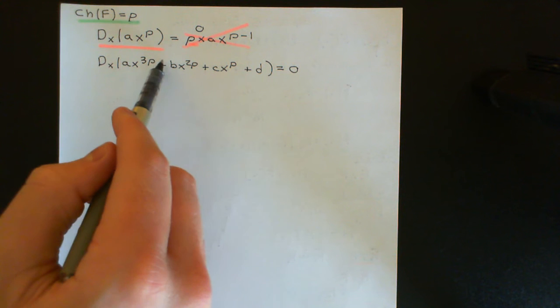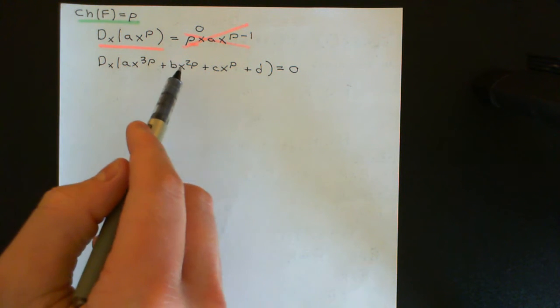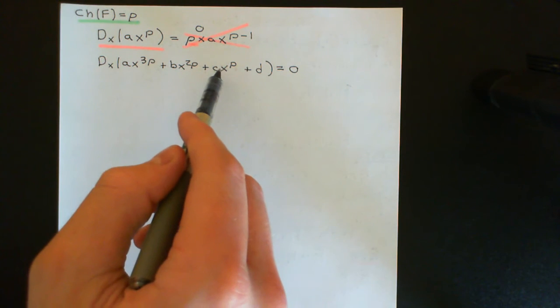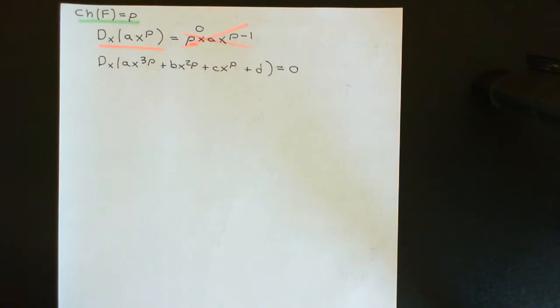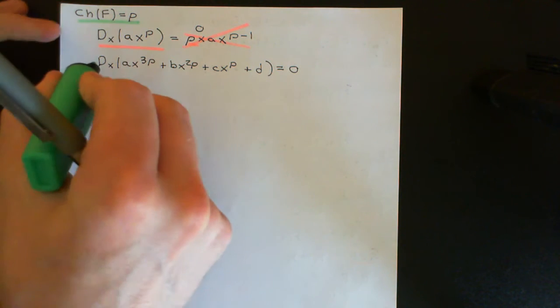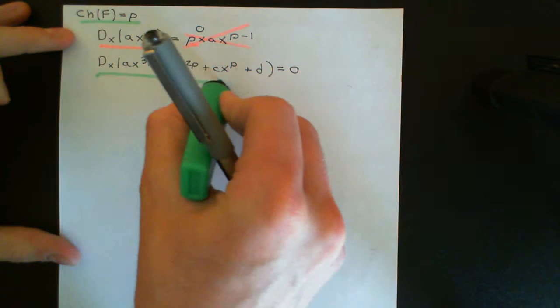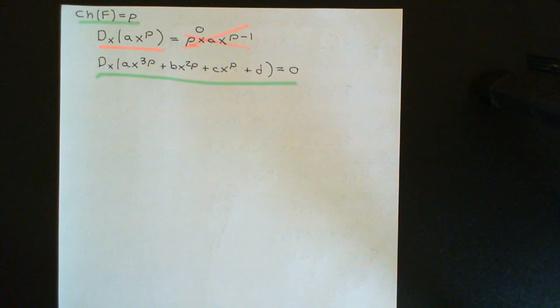In this one we'll multiply the coefficient by 2p, that'll be equal to 0, so that one will vanish. In this case we'll multiply this one by p, so that one will go to 0 and that will vanish. And of course the constant term will also vanish when we take the derivative. Okay, so this entire polynomial, its derivative will equal 0. So beware that when you're working in a field of characteristic a prime, the derivative of your polynomial might not be what you expect it to be.